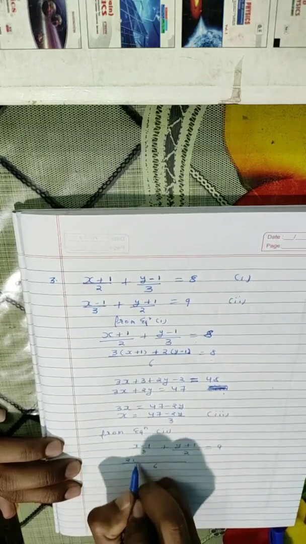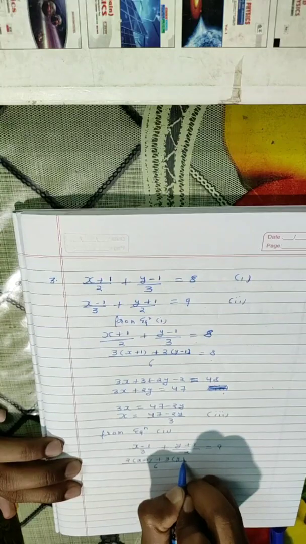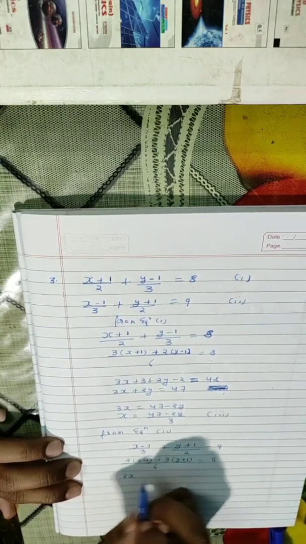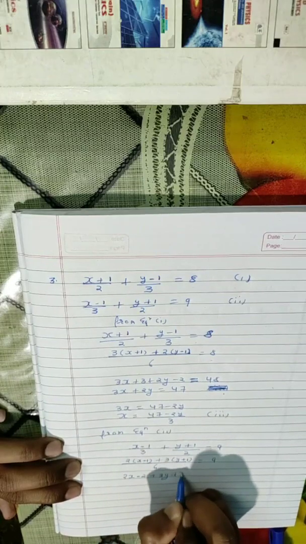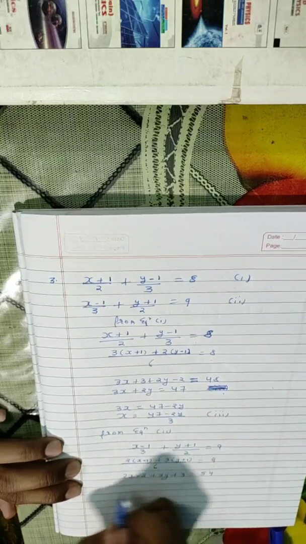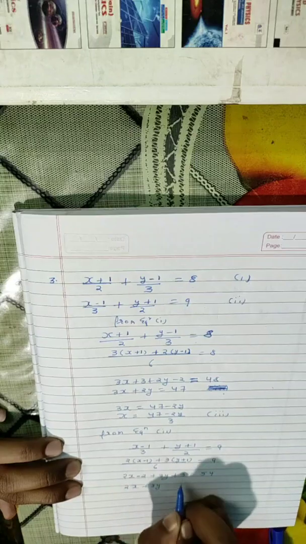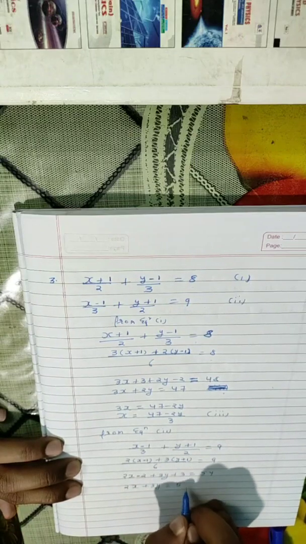So 2 times x - 1 plus 3 times y + 1 will become 9 times 6. If I multiply 2 inside, it will become 2x - 2 + 3y + 3 = 54. Or I can write here 2x + 3y. 3 minus 2 is plus 1. Plus 1 when it goes to the right hand side will become 53.